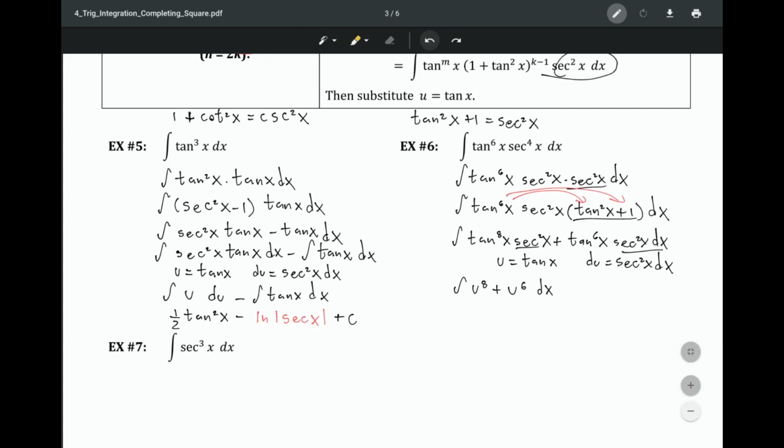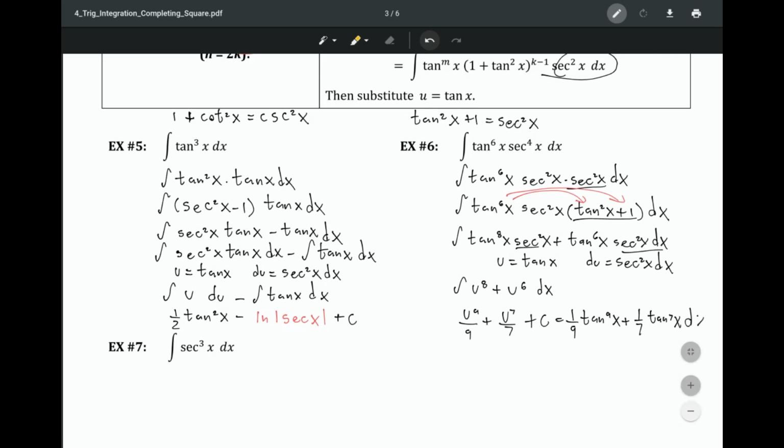I'm going to go ahead and integrate. Which is equal to 1 over 9. U was tangent, so this is tangent to the power of 9x plus 1 over 7 tangent to the power of 7x.